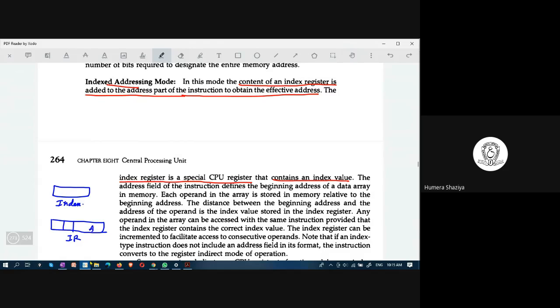Both are added to obtain the effective address. Let us take the index has a value 20 and here IR has a value 820. So 820 plus 20 would give us 840, which is the effective address.